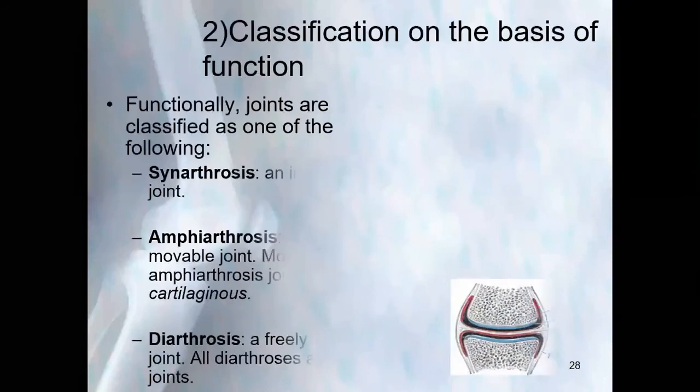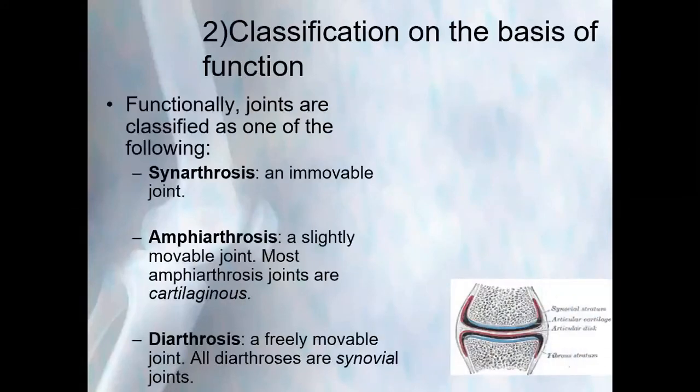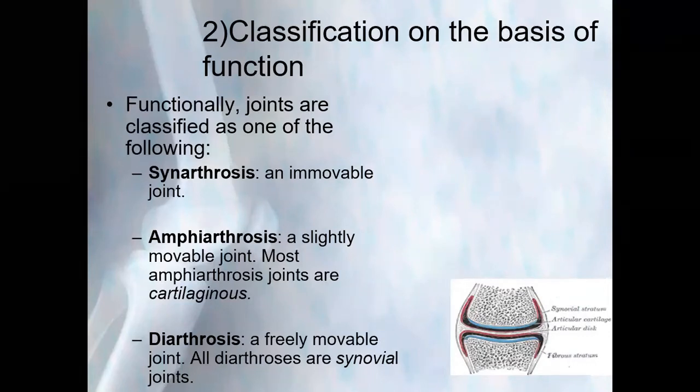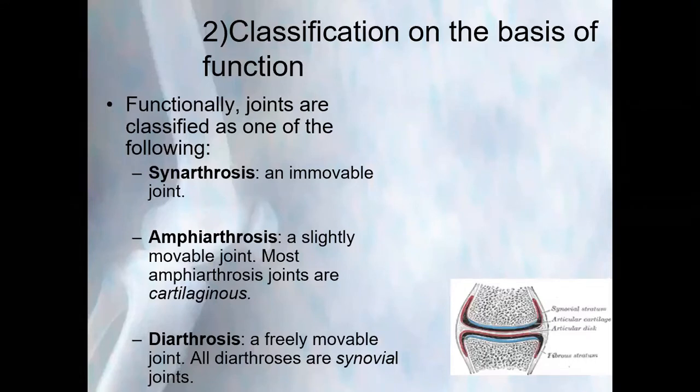Now, the other classification, on the basis of function, divides joints into three types: synarthrosis, amphiarthrosis, and diarthrosis. Synarthrosis means immobile joint. The primary cartilaginous joints, which we have already discussed, come in the category of synarthrosis.